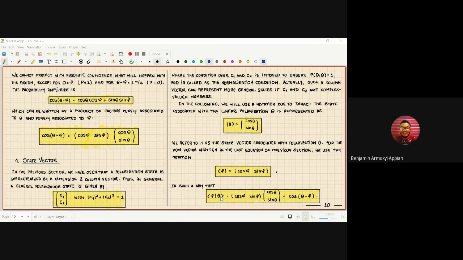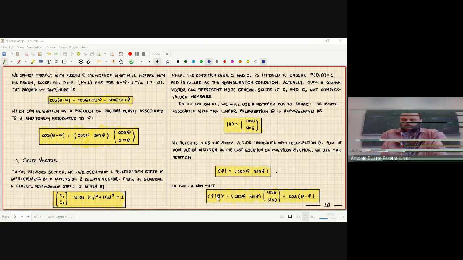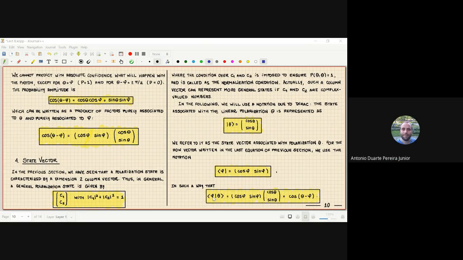Yes. So for real vectors, if you swap the order here, something like ket bra. Yes, you can, and we are going to discuss that.